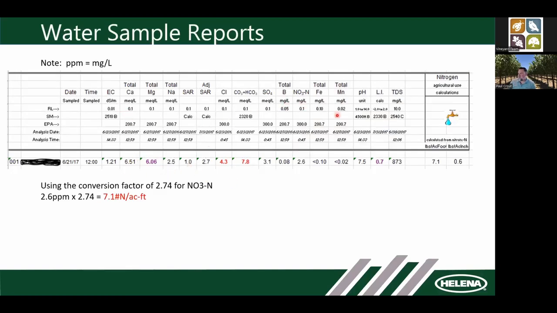And so if we look here, we can see that it is reported in nitrate NO3-N, so that is nitrate nitrogen, in milligrams per liter, which is parts per million, same thing. And so the report gives us a number of 2.6 milligrams per liter or parts per million. So using a conversion factor of 2.74, which is on the submittal form, it'll calculate that for you.